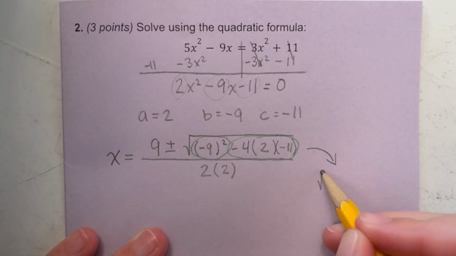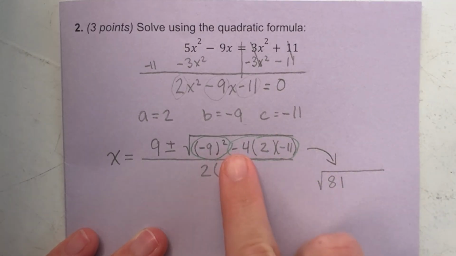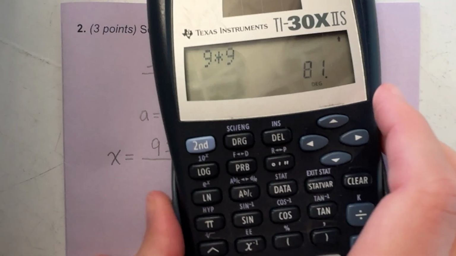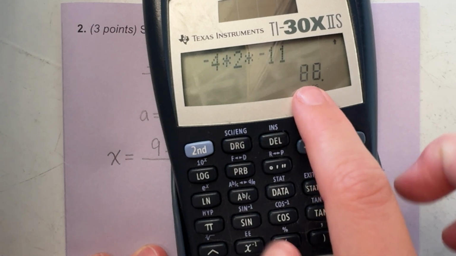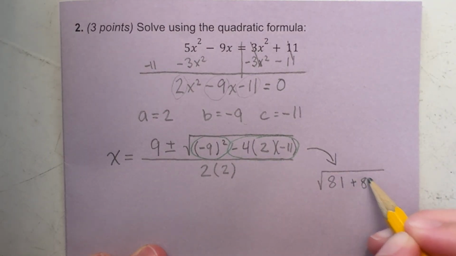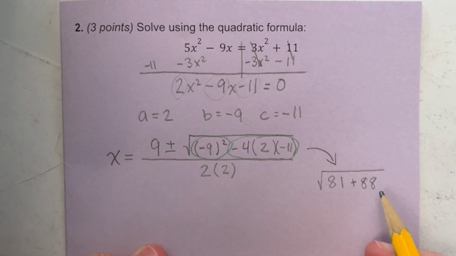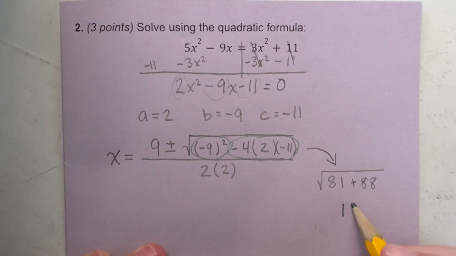That's 81. Now listen, it's still in the square root sign. I'm just doing this math. Now I'm going to put in my calculator negative 4 times 2 times negative 11. Don't miss the negatives. That's positive 88. So notice it's positive, so when I write it, I'm going to write plus 88. Now I'm going to do 81 plus 88, and it's still in the square root sign.